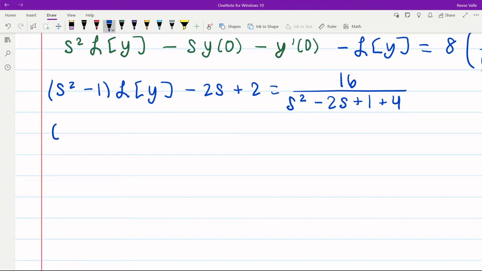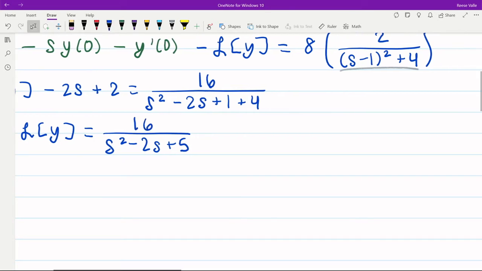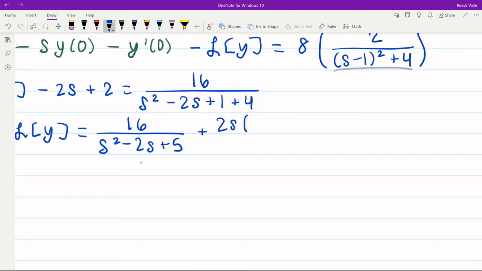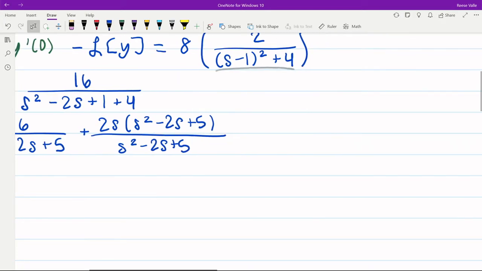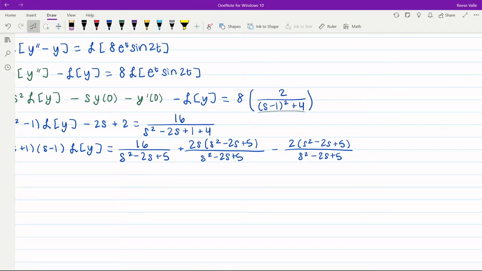So do that. Just factor out this part as well. So (s plus 1)(s minus 1) Laplace of y equals (s squared minus 2s plus 5) over 16 plus 2s, and then you want it to be all in the same like terms, so you have to multiply the top and bottom by the first denominator, s squared minus 2s plus 5.